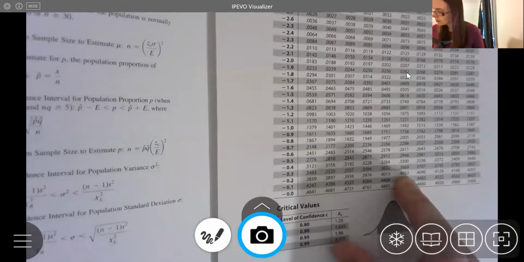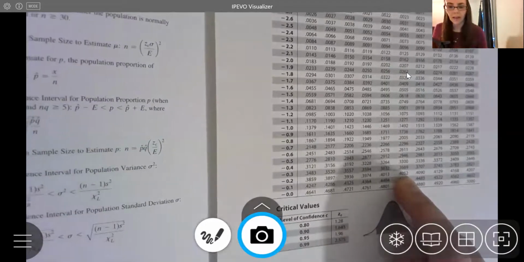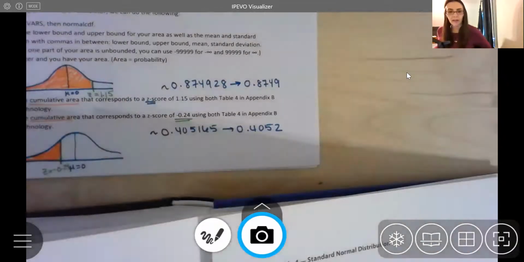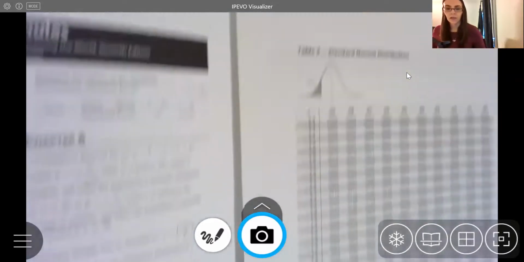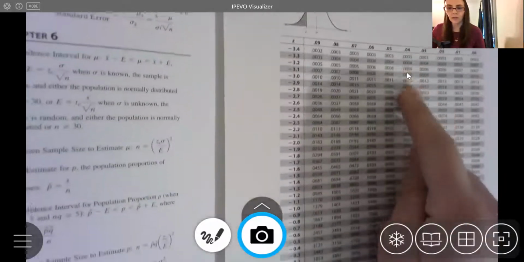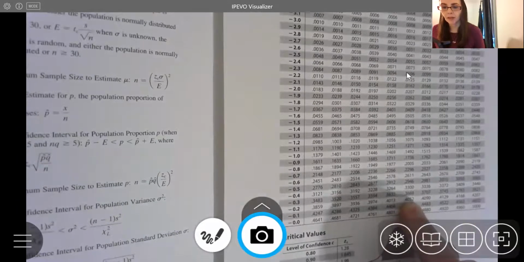So I get, I'll make sure I match this up correctly, 0.4052 for the area. And that was what we had here, 0.4052. Okay. So again, I see on the left, I had that negative 0.2, and then that 4 is on the top. So I have to kind of roll down that column and match it up. And then I can see my probability there.